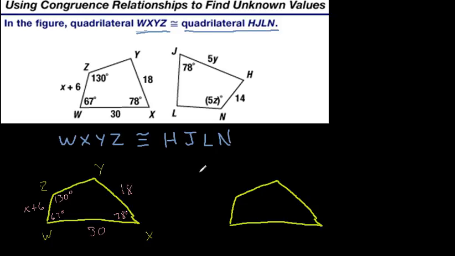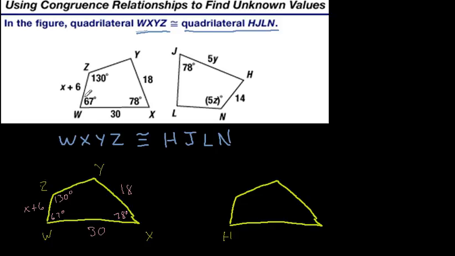What else do I know here? I can say a couple things. Quadrilateral WXYZ is congruent to quadrilateral HJLN. Or I could say W corresponds to H, and W is here, so I know that H has got to be right here.